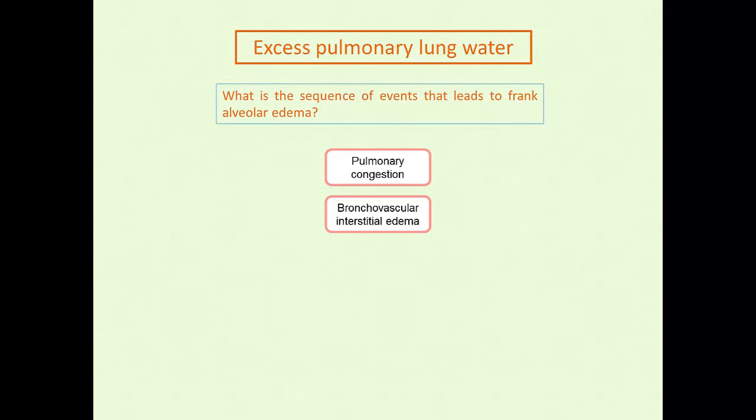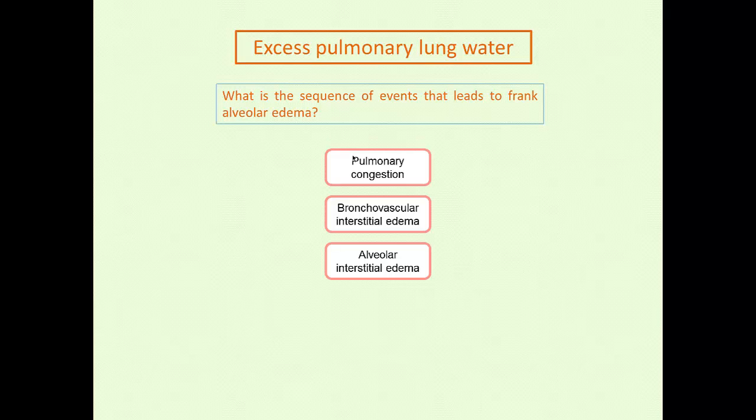So this preferential pressure gradient retains interstitial edema in the bronchovascular space first. It has been estimated in people that up to 500 cc's of fluid can be, quote-unquote, hidden in the bronchovascular interstitial space as edema progresses.